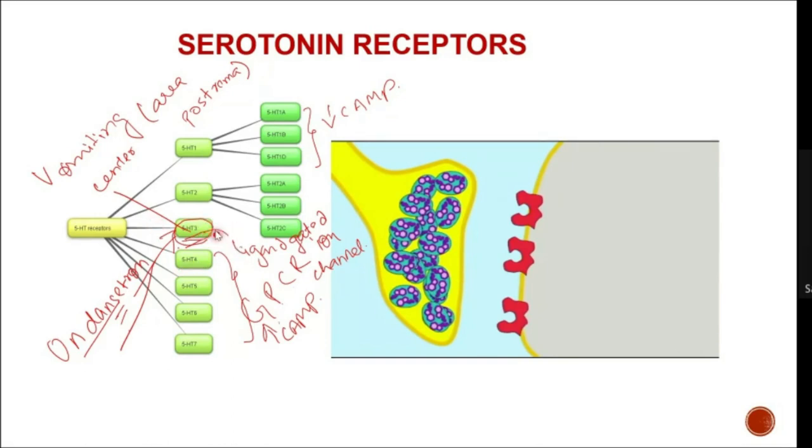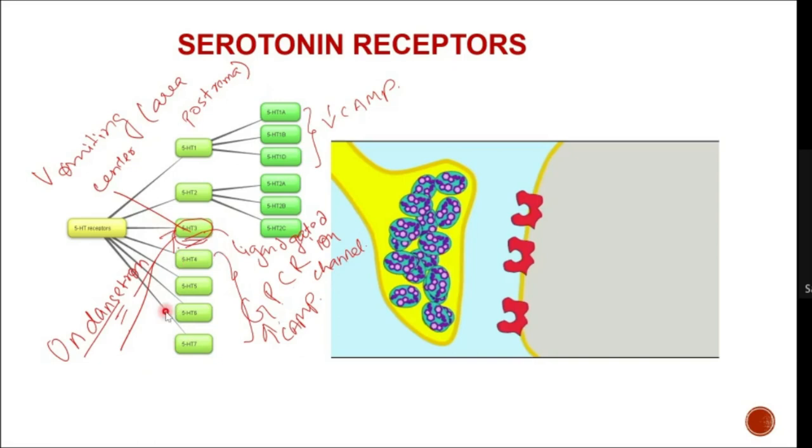And the other most important one is that this receptor, which is highly present in the vomiting center, the area postrema, gets inhibited if we use antiemetic drugs like ondansetron. So they block those receptors present in the area postrema. The area postrema is actually chemosensitive cells which trigger your vomiting in response to any toxic substance in the blood.